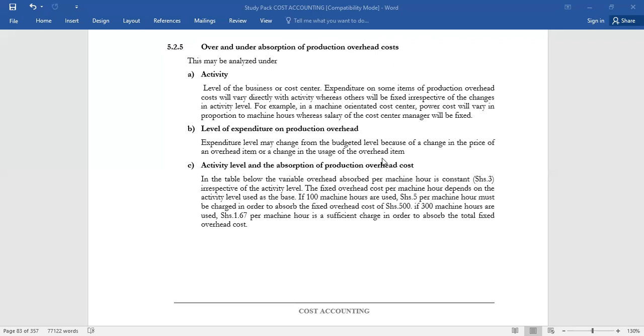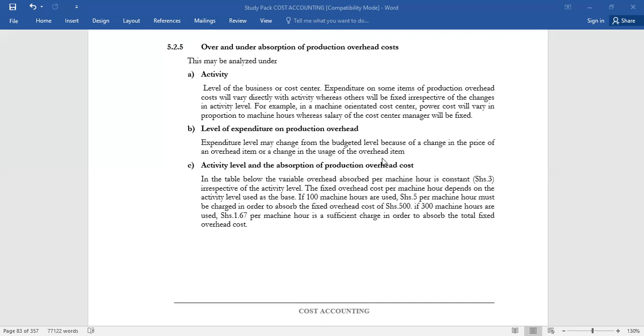I have a case here. We've been told in the table below, the variable overheads absorbed per machine hour is 3 shillings, irrespective of the activity level. The fixed overhead cost per machine hour depends on the activity level used as the base.